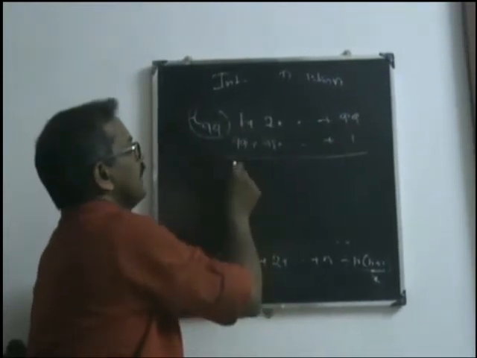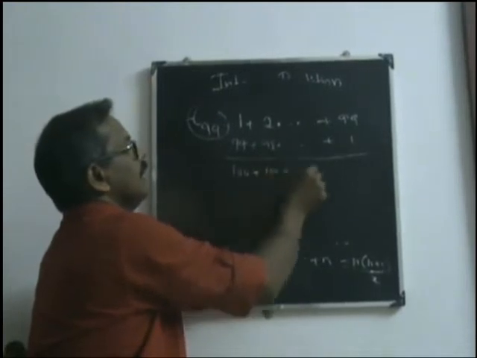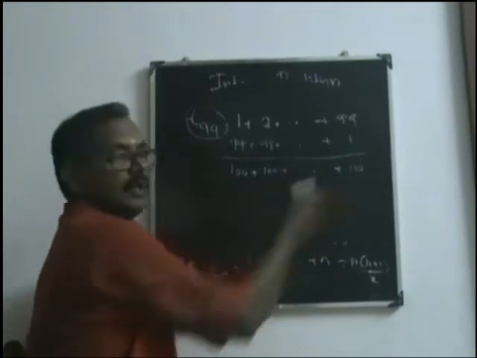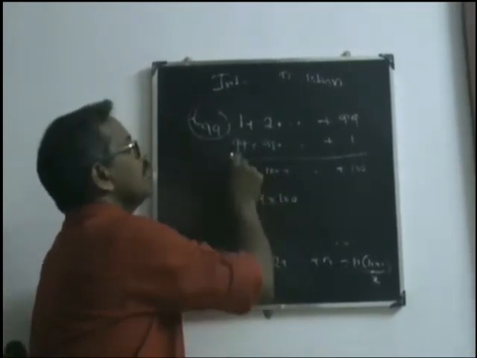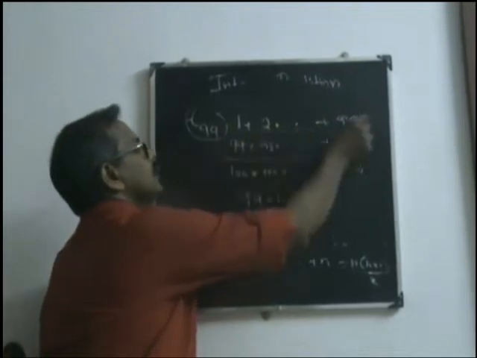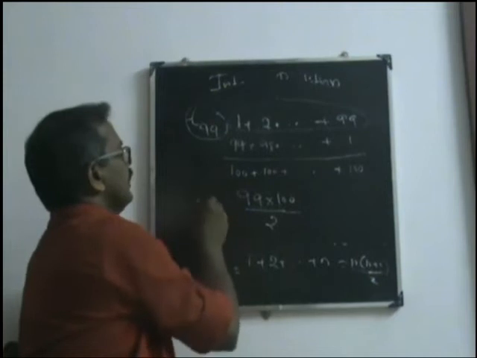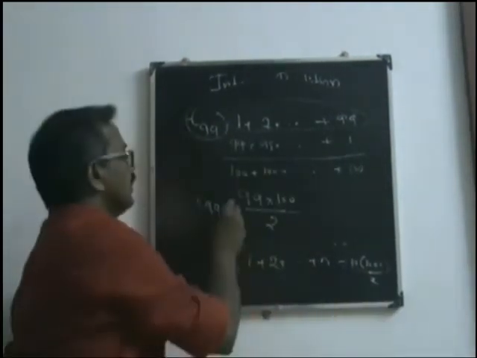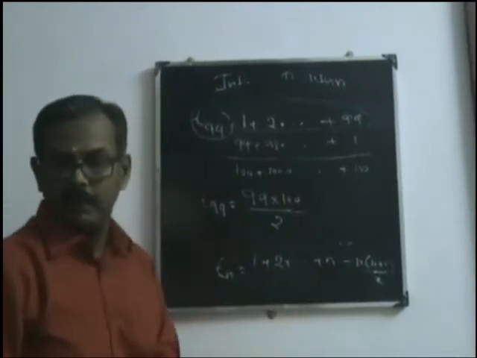Now 1 plus 99 is 100, right? And 2 plus 98 is again 100, like that. Here this is also 100. Now how many times is 100 there? 99 times. So 99 into 100, but we have added twice and we want only one, so divide by 2. So that is our T99, written like that: n into n plus 1 divided by 2.